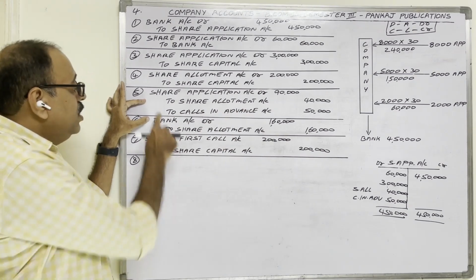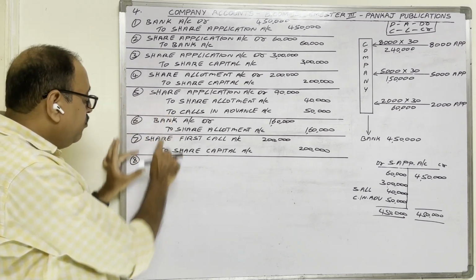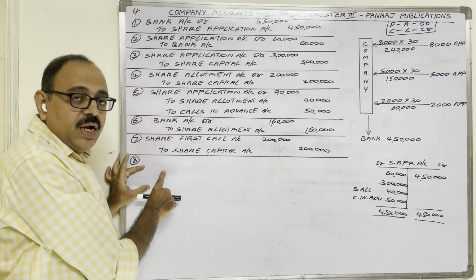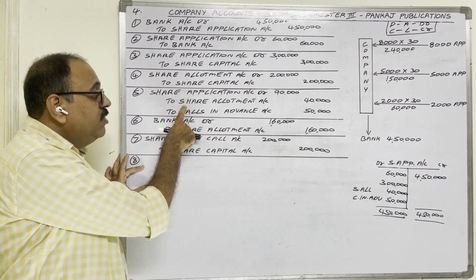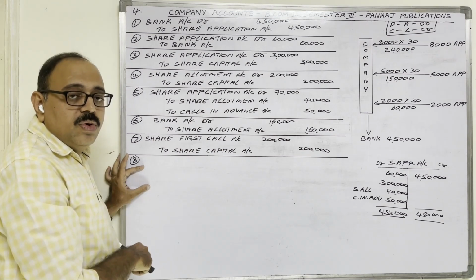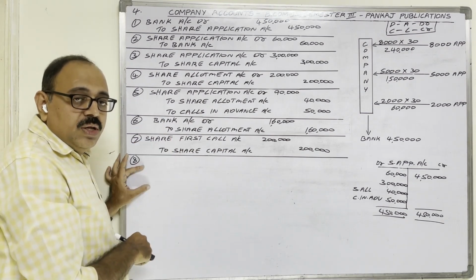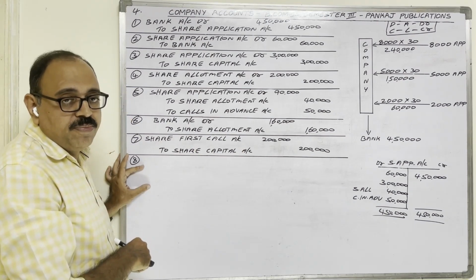That is why fifth entry and sixth entry we cannot combine. But while writing the eighth entry, that extra amount is in calls in advance account only. So we need not transfer anything to calls in advance now. Already we have transferred. Therefore, we can write only one entry for receiving money.